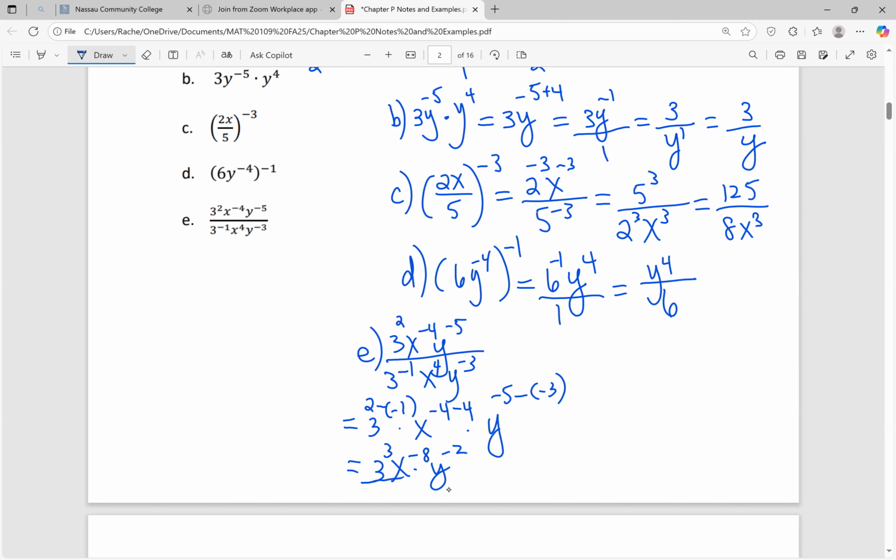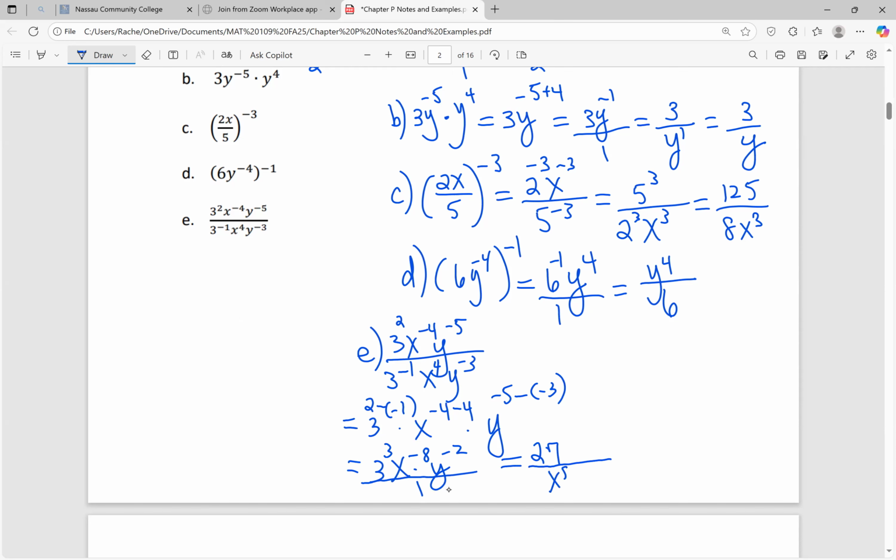Remember, think of this expression as being over 1. So now let's just rewrite this so I don't have any negative exponents. And we could also evaluate 3 to the third, right? 3 times 3 times 3, which is 27. But now we have to take the reciprocal of x to the negative 8.